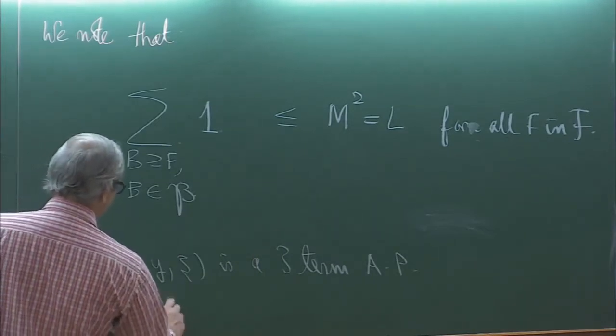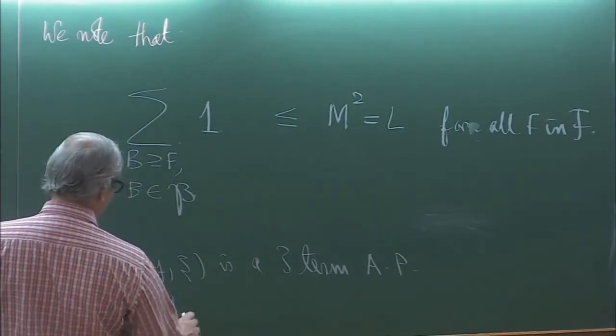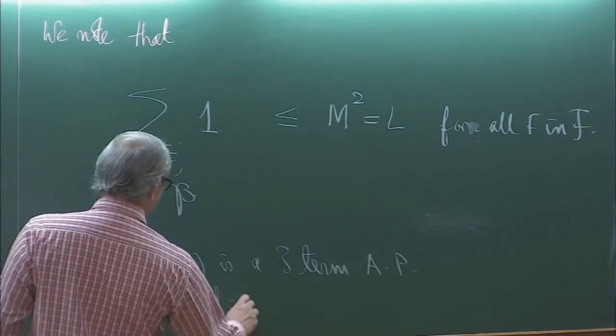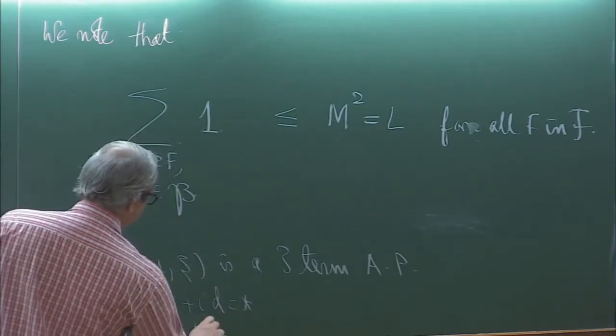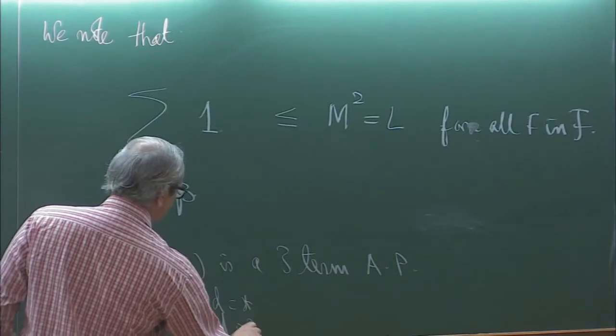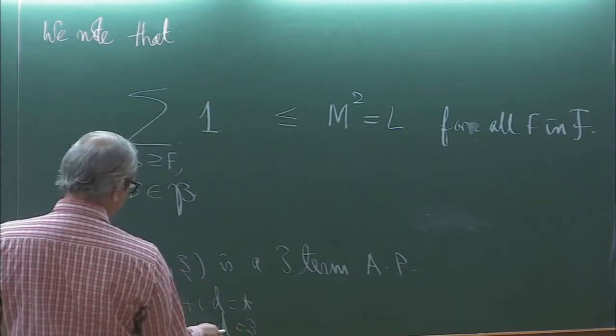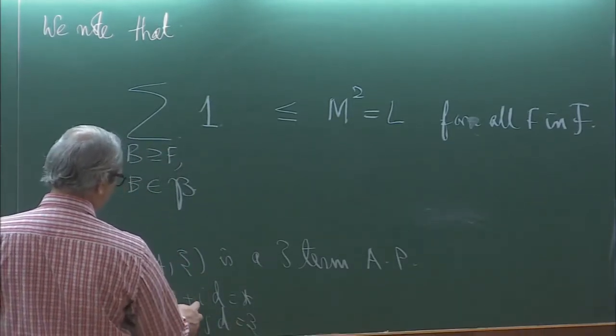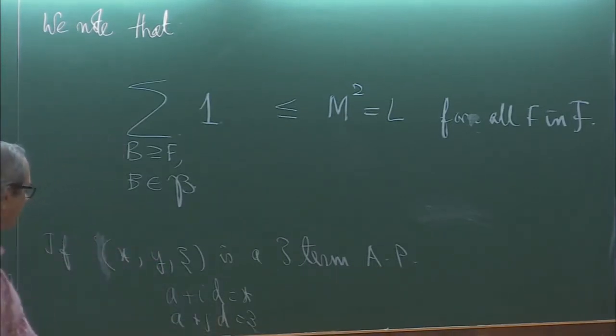Because if a plus i d is x and a plus j d is z, then knowing i and j, you immediately determine a and d. Therefore, the m-term AP is fixed.